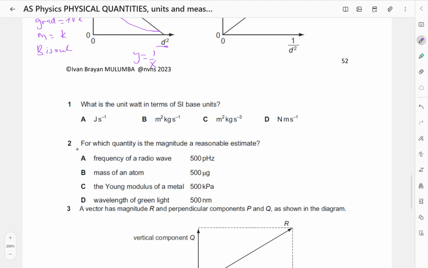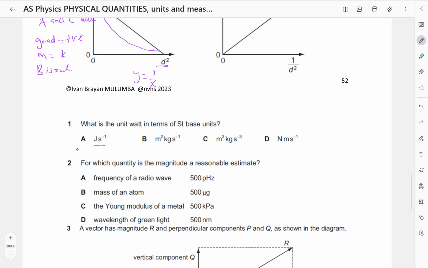What is the unit watt in terms of SI base units? Joule is not an SI base unit, Newton is not an SI base unit. We remain with B and C. The watt is the unit of power, and power is work done over time taken. Work done is force times distance, then divided by time.